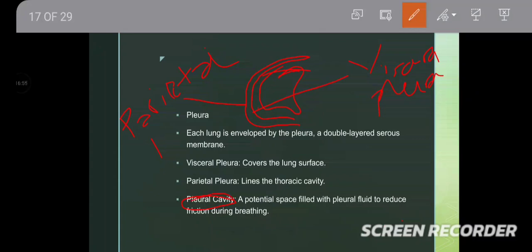This potential space has clinical significance because fluid can lodge there and air can build up there, and anything that builds up there will interfere with breathing and give rise to a wide array of conditions. So these membranes are important because they ensheath and cover the lungs.